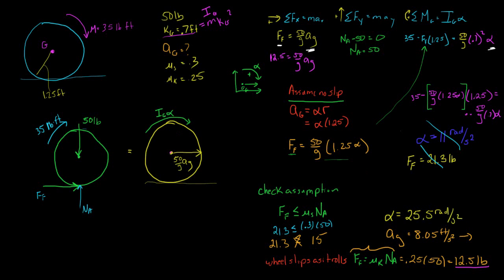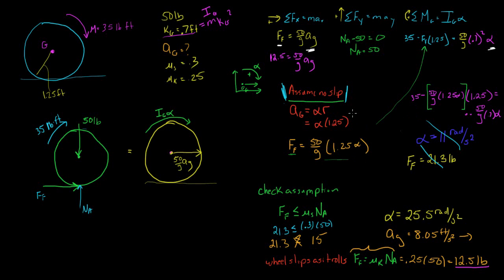So the important thing of this problem is, at first we always assume it doesn't slip. So we have our sum of forces in the x, our sum of forces in the y, and the sum of our moments. And the fourth equation we need to use is this assumption that it doesn't slip. Now, when we solve for whatever we're looking for, we then need to check if this assumption is valid.